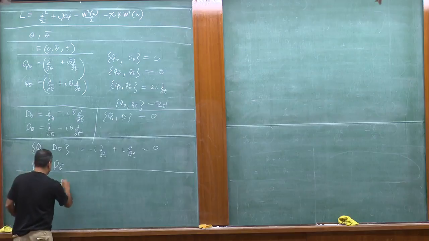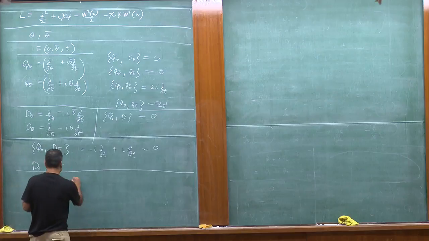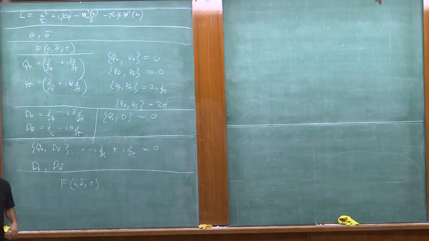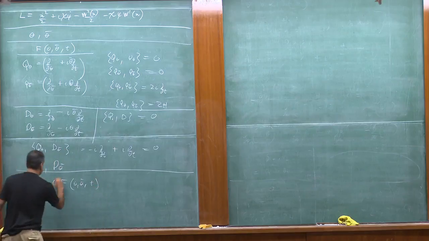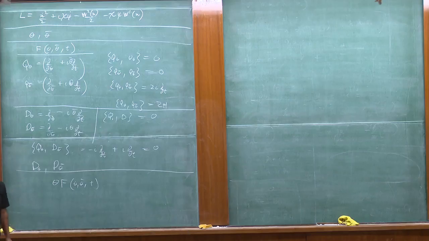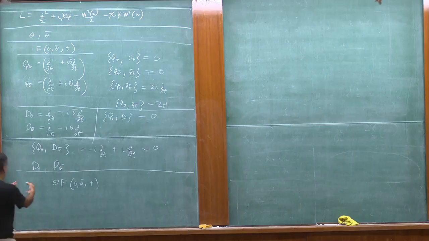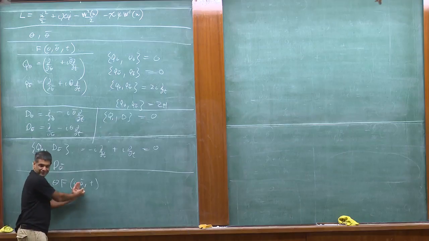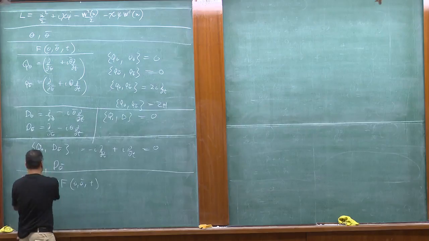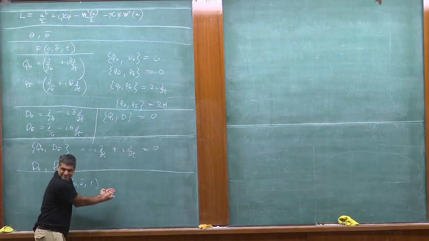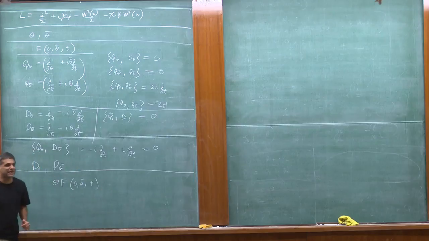Now, in general, if you take some function of theta, theta bar, and time, and you do something funny to it, let's say I multiply it by theta, then the action of Q on this will not simply be theta times the action of Q on f, because Q will also act on the theta.